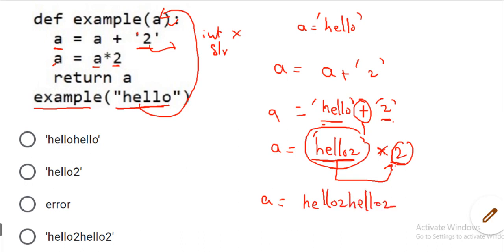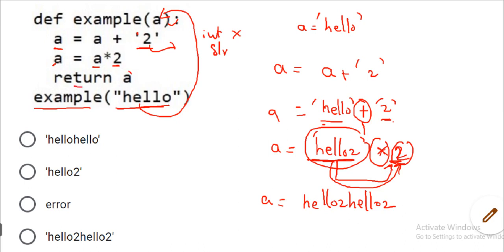The star, the multiplication operator, can be used between a string and an integer value, and then the string will be replicated that many times. How many times here? 2. So A becomes hello 2 hello 2.